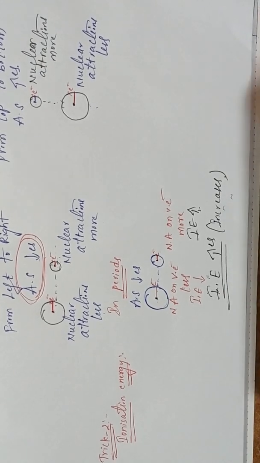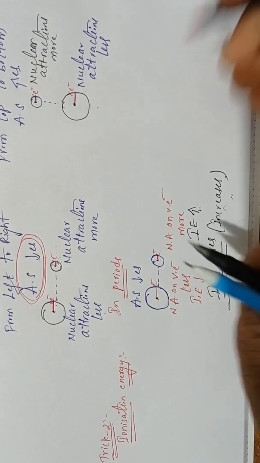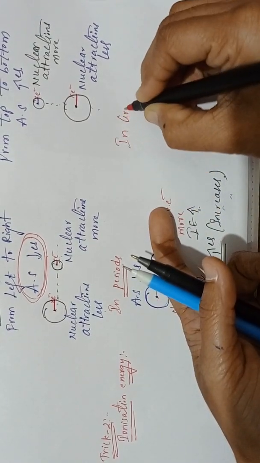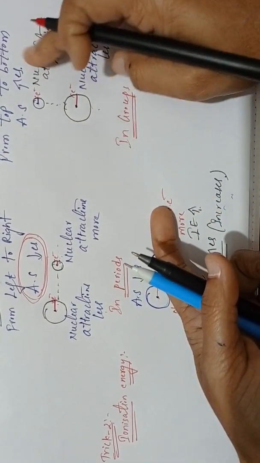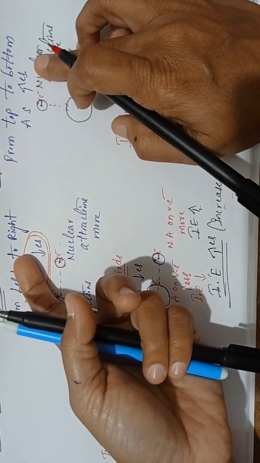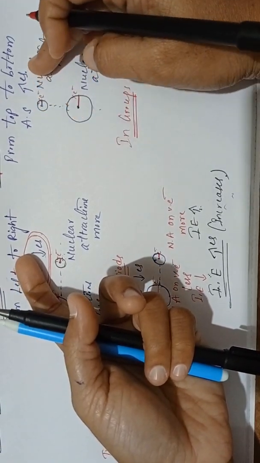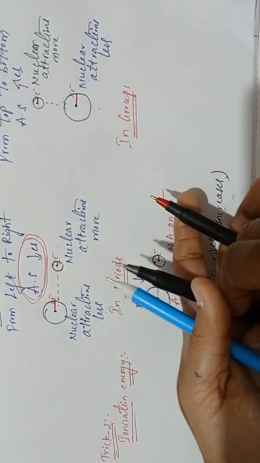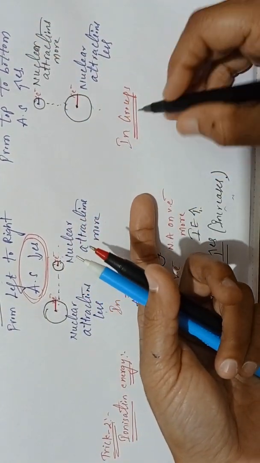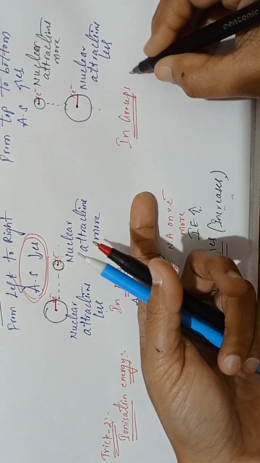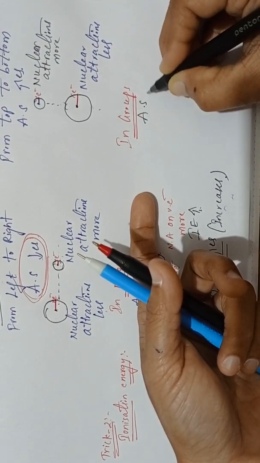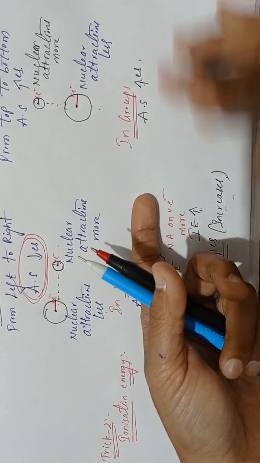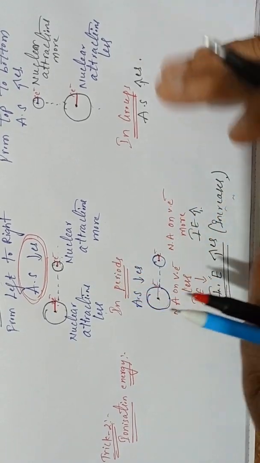In periods completed. Now we are going to discuss groups. What about in groups, students? We know that from top to bottom atomic size increases, because the number of shells increases. Atomic size increases in groups from top to bottom, small to big.